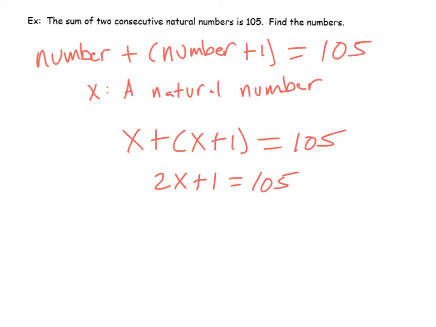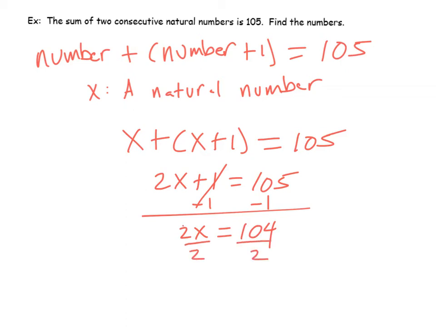Two x plus 1 is 105. Two x equals 104. Divided by 2, it tells me that the number I needed to find was 52.